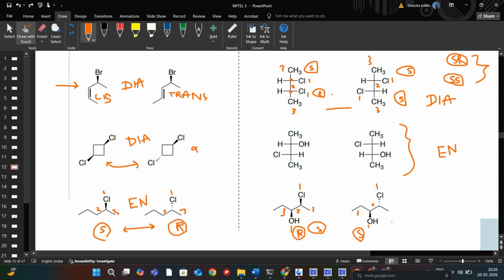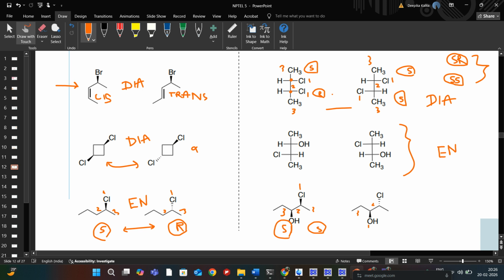Okay, I must have made some mistake in this one. The first pair, I have made a mistake. This will be S, because the fourth priority group is below the plane.